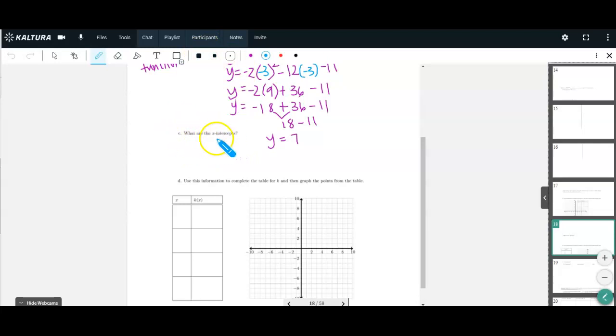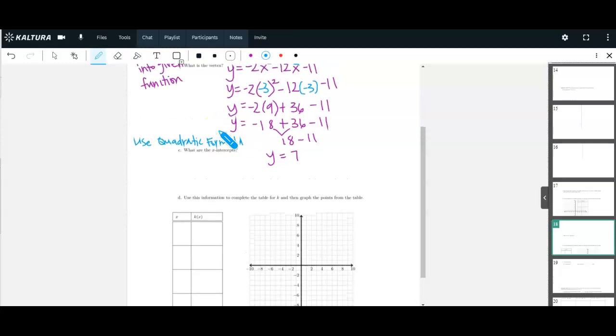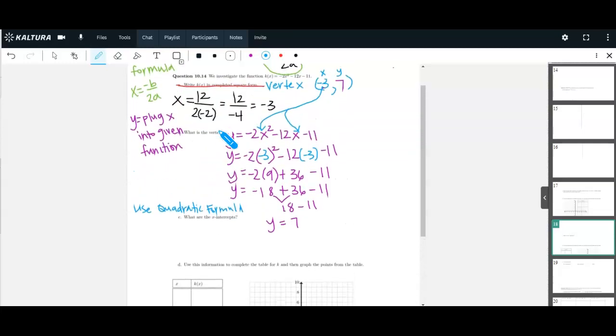So when you're trying to find the x-intercepts, on this one I would use the quadratic formula. It might be the easiest way to solve this. You have to look back up here. What is our A? What is our B? What is our C?